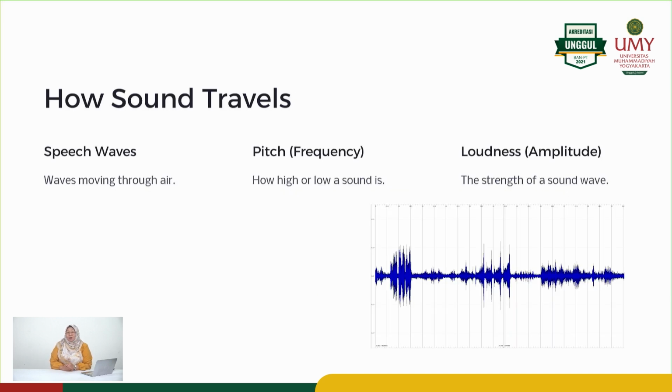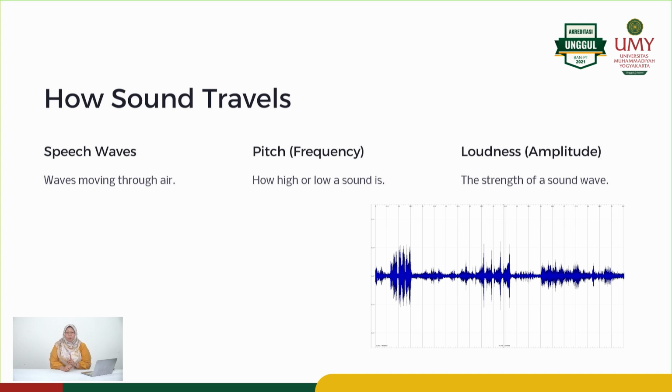Let's take a look at how speech sounds travel through the air. Speech sounds are waves moving through air. When we speak, we produce sound waves. These waves move through the air and create changes in air pressure. Two important aspects of sound waves are pitch and loudness.